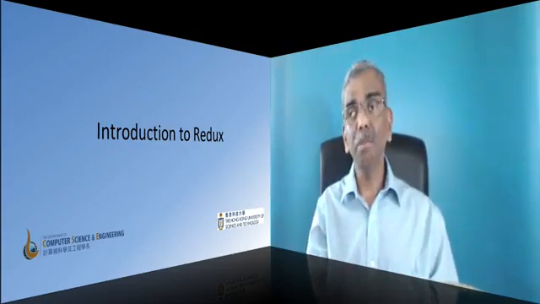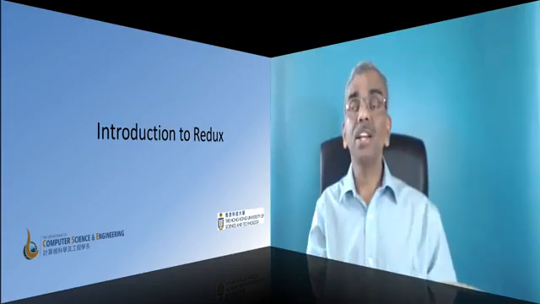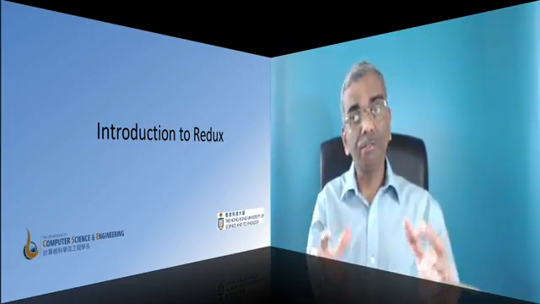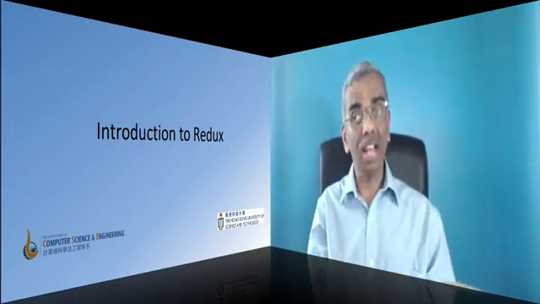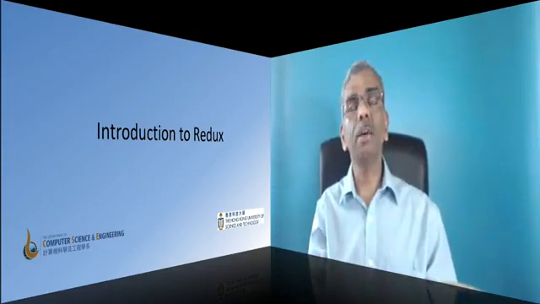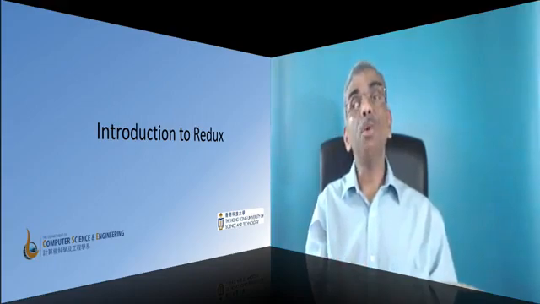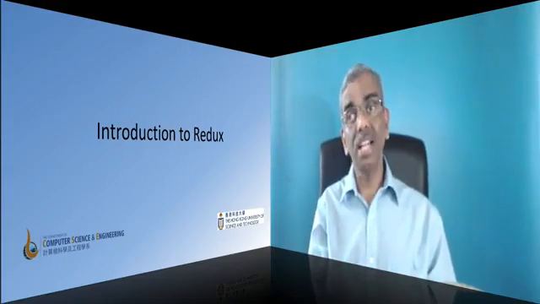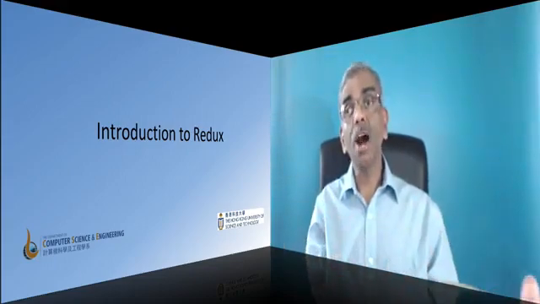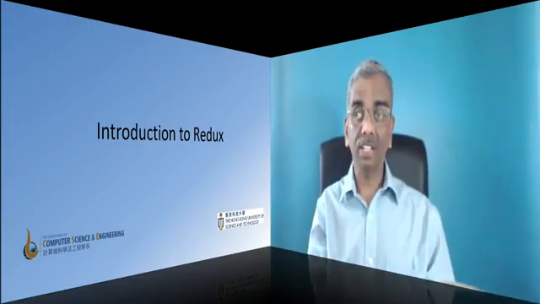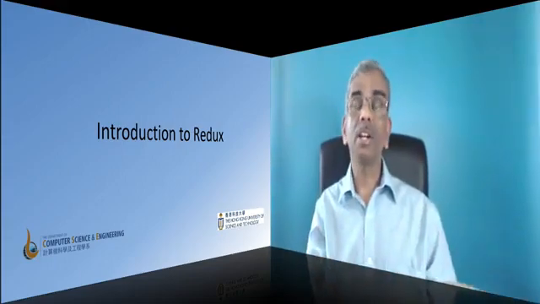And then it ended up being very popular as a Flux-like approach for a React application. Let's examine a little more detail about Redux in this lecture. And then over the subsequent lessons, we will see how we can integrate Redux as part of our React application.